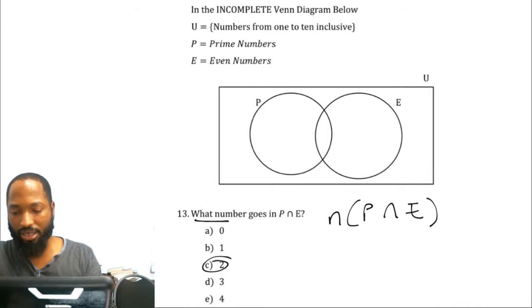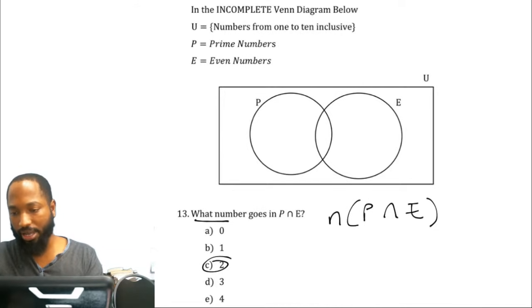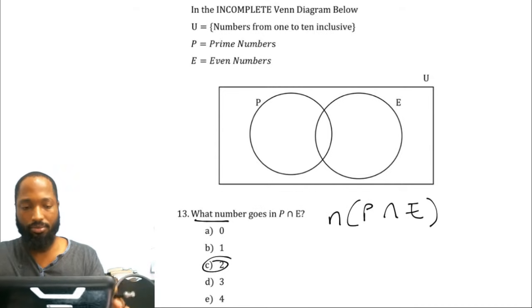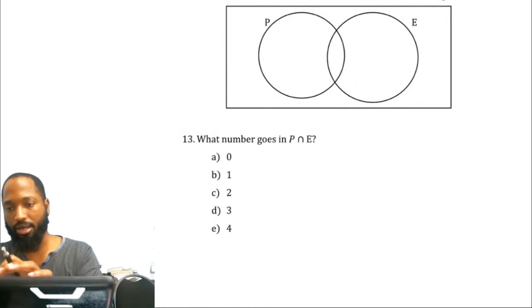The next question. Oh yeah, there's 2 more questions, so let me just snap these questions based off of this same diagram. So we understand that P is prime numbers and E is even numbers, right? So I'm just going to shift this up so I can get some space so I can use back the diagram, and I'll put in the other 2 questions underneath here.